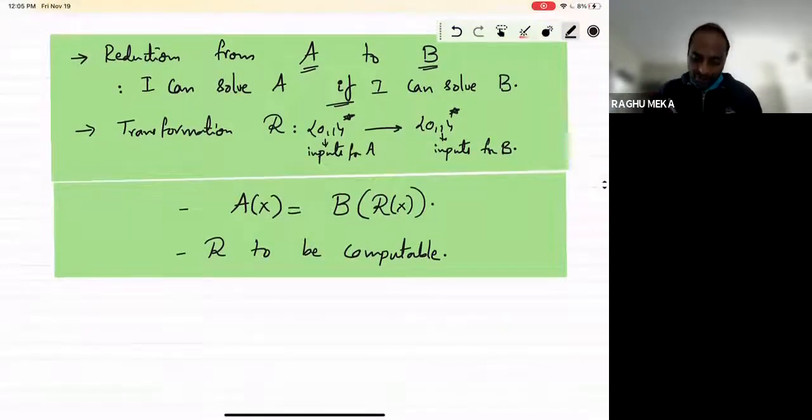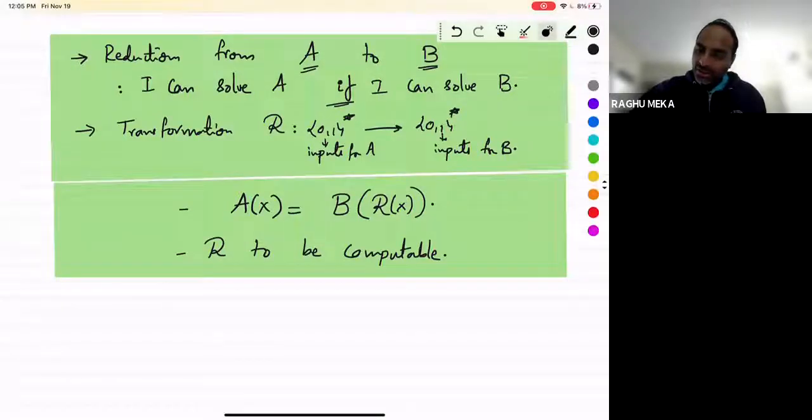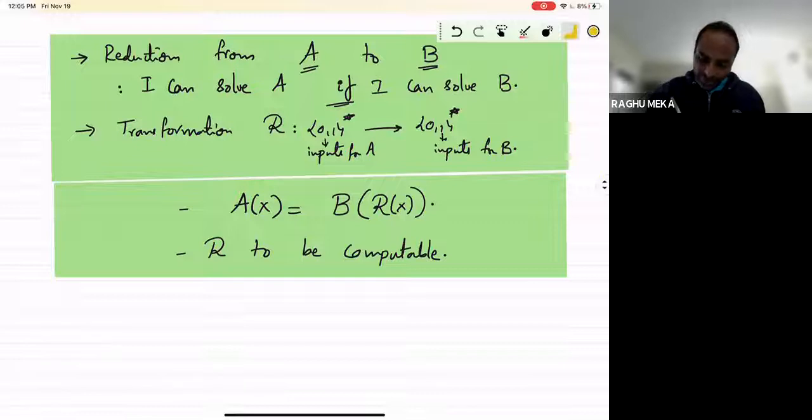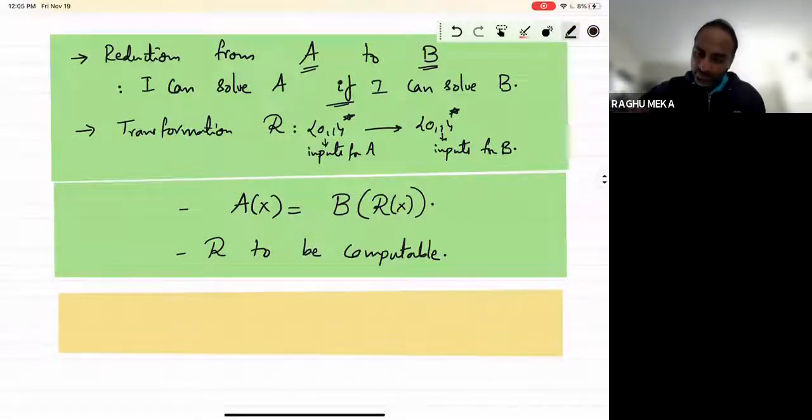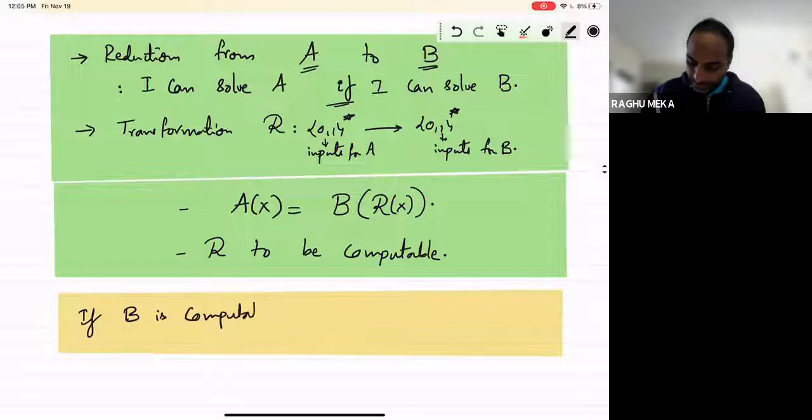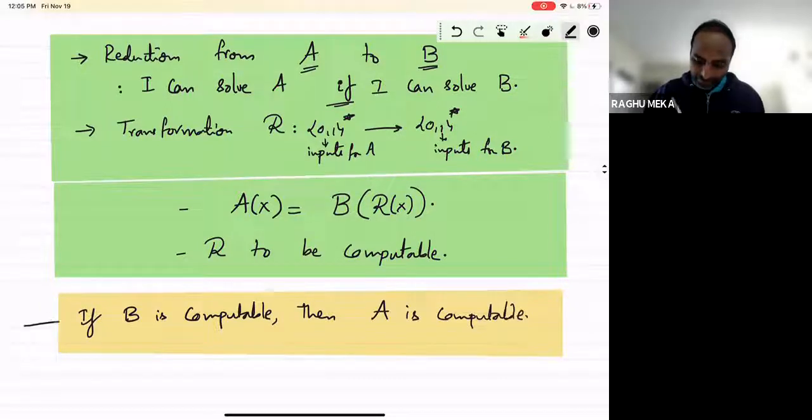And as a corollary, we can get two things. You can either interpret it as a positive sign or, by contrapositive, the negative sign. If B is computable, then A is computable. Right?